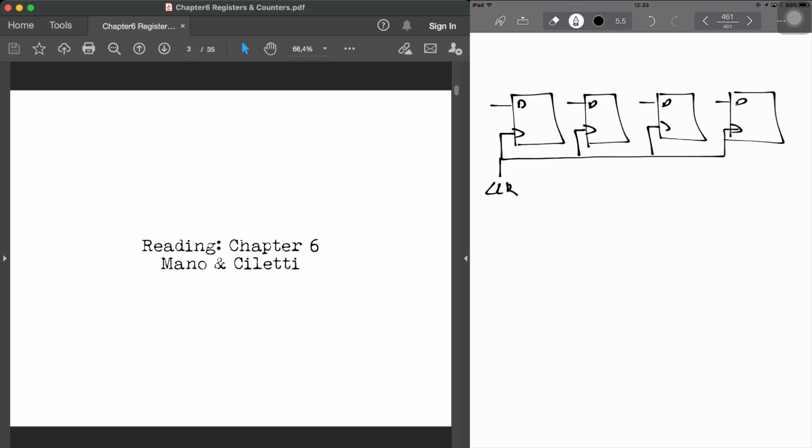You might have an asynchronous set and reset over there, but this is how it looks. Now, in order to implement a parallel load capability, what will happen? We have to have some kind of a load or enable signal that we can activate, so that at the same time the data will be loaded into each of these flip-flops. So how can we do that? We can do that by using a multiplexer.